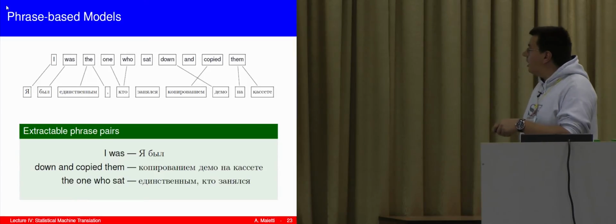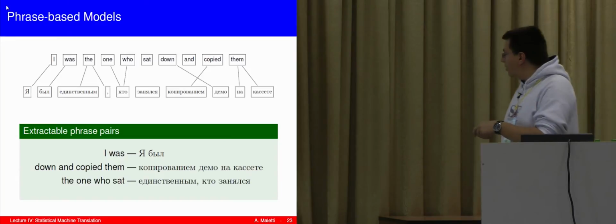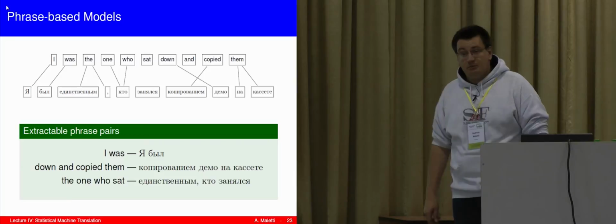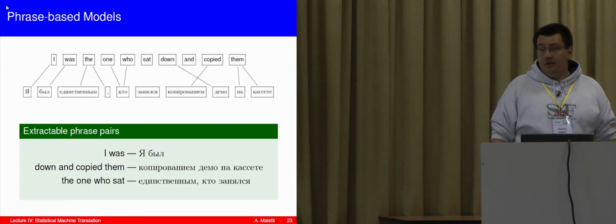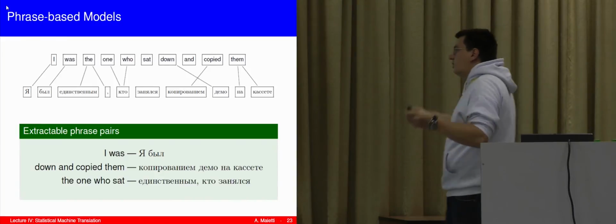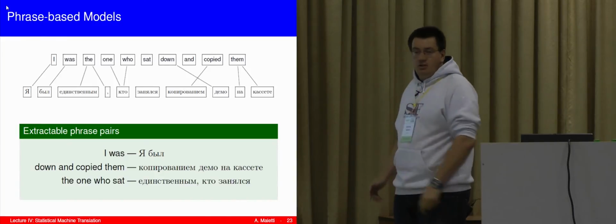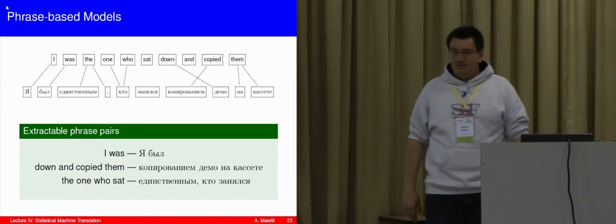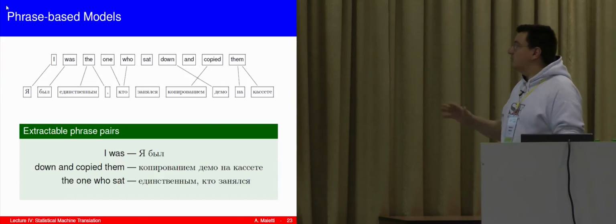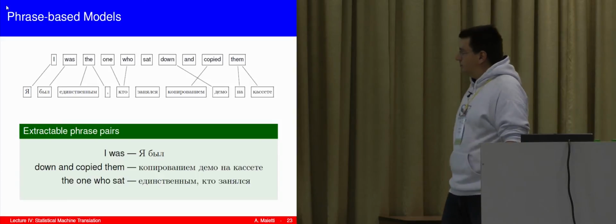And "down and copied them" could be translated into this long expression here. And "the one who said" is this kind of thing. That's what the system would learn. Right? And you would hope that in a large corpus, such a bad situation would occur only infrequently, right? So that you don't get too many of those bad rules, or at least you don't see them very often.